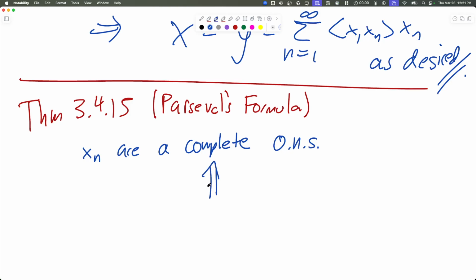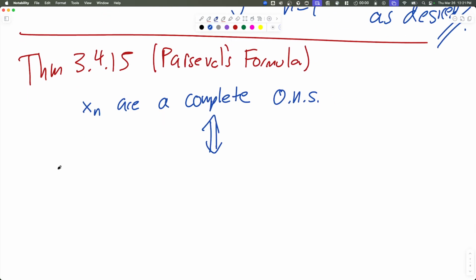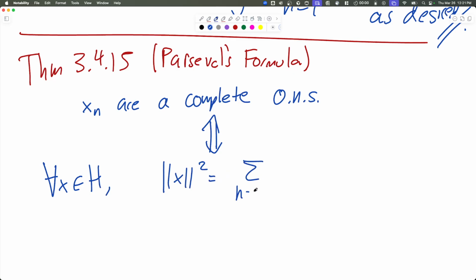Okay, so the xn are a complete orthonormal sequence if and only if, for all x in the space H, the norm of x squared equals this infinite sum. Okay. So you remember Bessel's inequality said that this is always less than this. Well, let's recall.